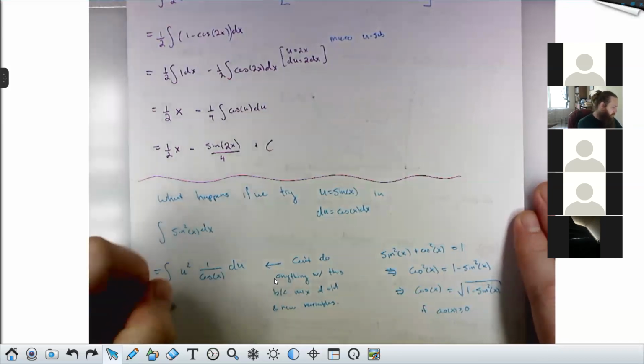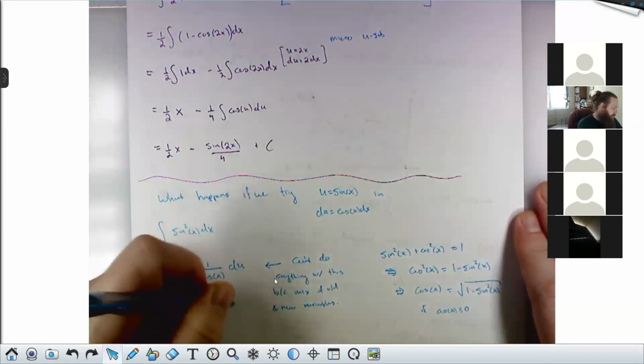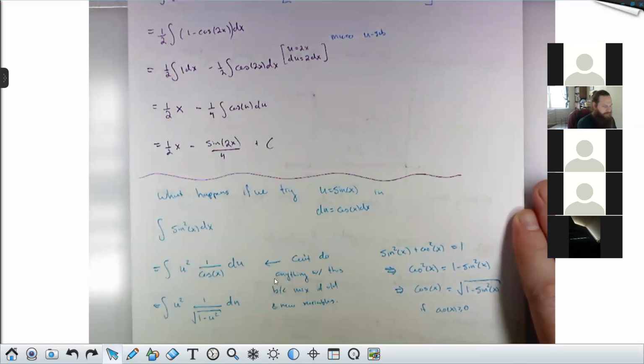And then I could rewrite this as u squared times 1 over the square root of 1 minus u squared du. But this is not easier than this.